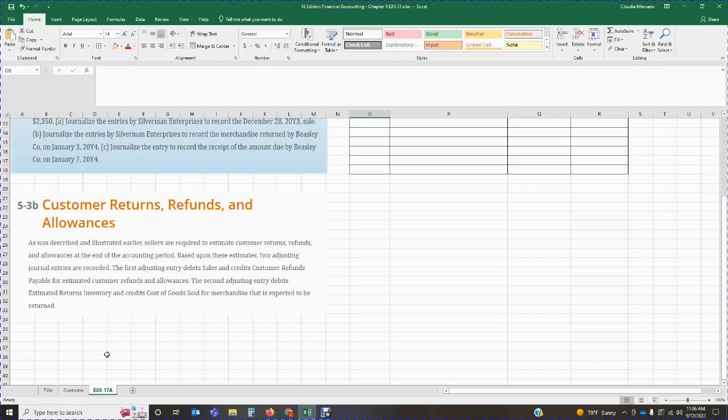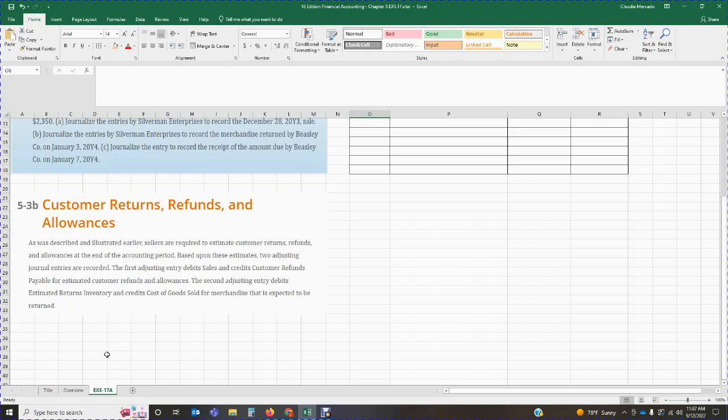Based upon these estimates, two adjusting entries are recorded. The first adjusting entry debits sales and credits customer refunds payable. All we're basically doing is putting money aside, so that when we have to process a refund, we already have money set aside based on those estimates.